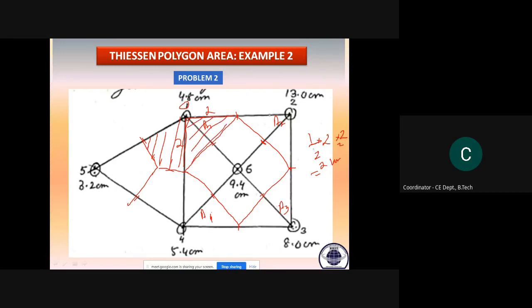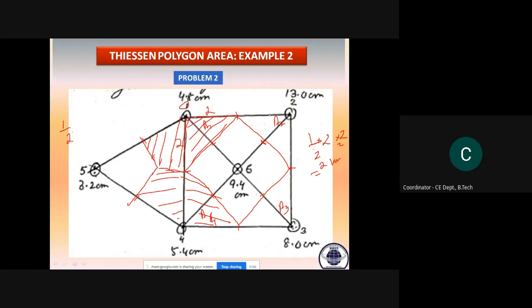Similarly for A4, area will be this area plus this area. So we know this area, that is 2 kilometer square. Now just find this area. Total area of the triangle is how much?